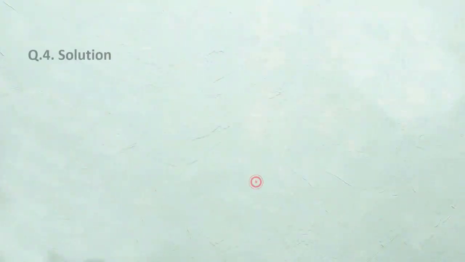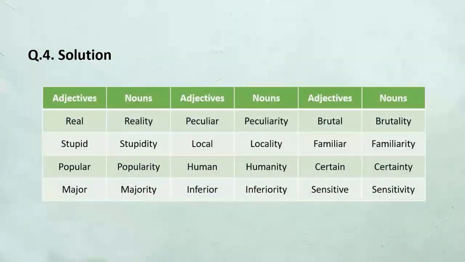I hope you got some nouns of these adjectives. The first adjective is real. We just add the suffix ity with real and make it a noun, reality. Stupid becomes stupidity. Popular becomes popularity.